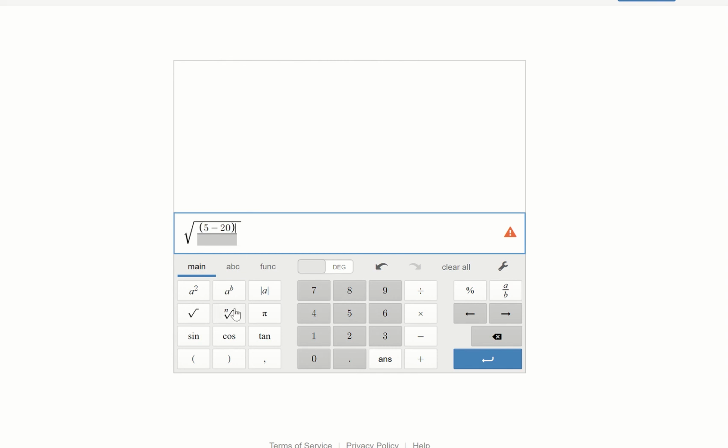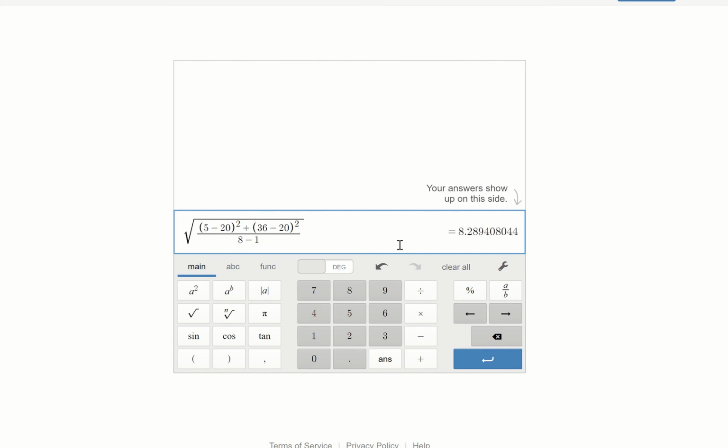To do the squared, you can use this. And dot dot dot and continue, and then you do 8 minus 1 down here. And that's how you do it. If I stop there, I get 8.28, but I'm going to continue this calculation.